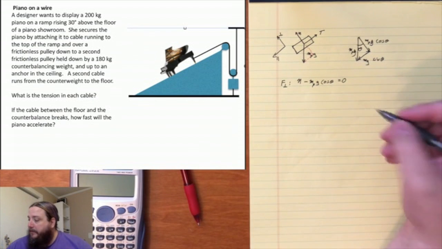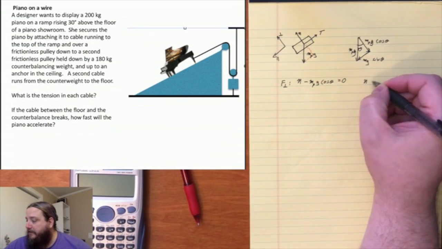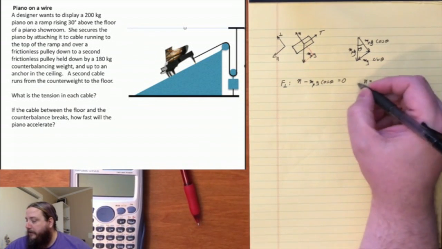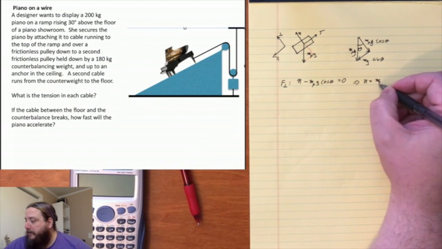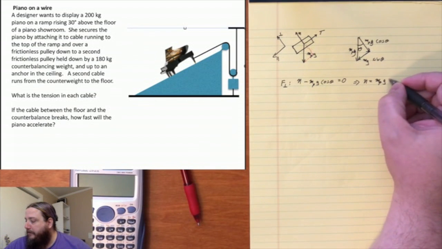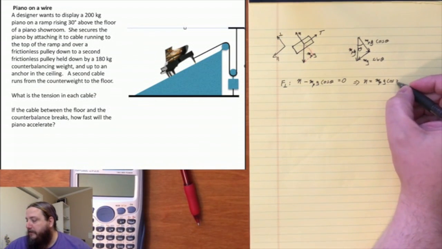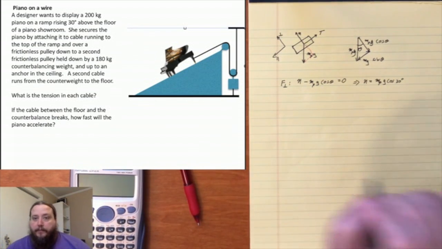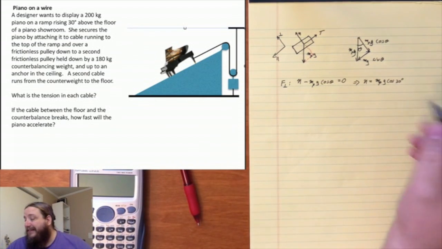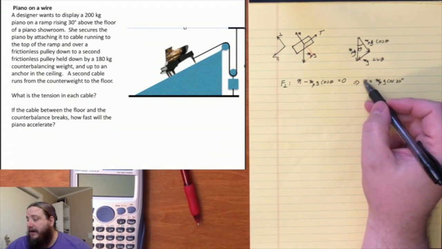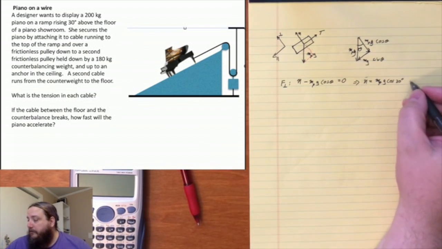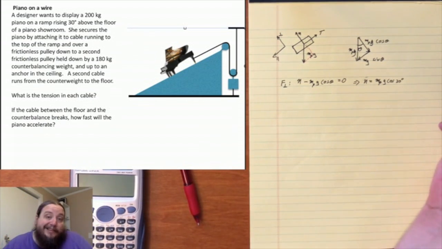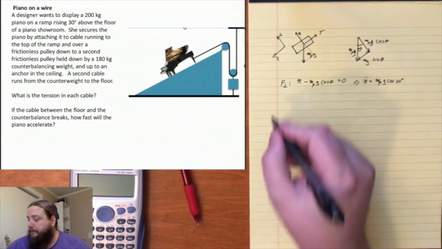This tells us that the normal force is equal to the mass of the piano times gravity times the cosine of that 30-degree angle. But in this case, we don't actually care too much about the normal force. We calculated it, but it doesn't really tell us much.